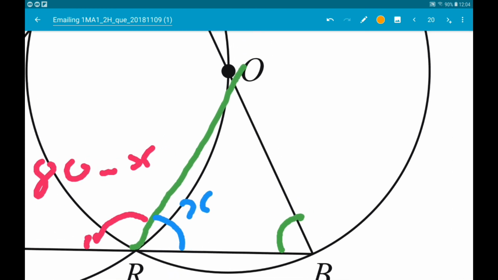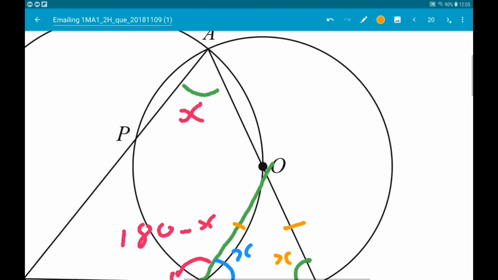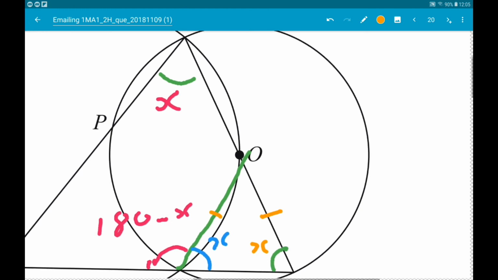Now, these two sides are both a radius of the circle. So it's an isosceles triangle, so this angle, the green angle, also has to be X, which is the same as angle CAB. So we've shown it.